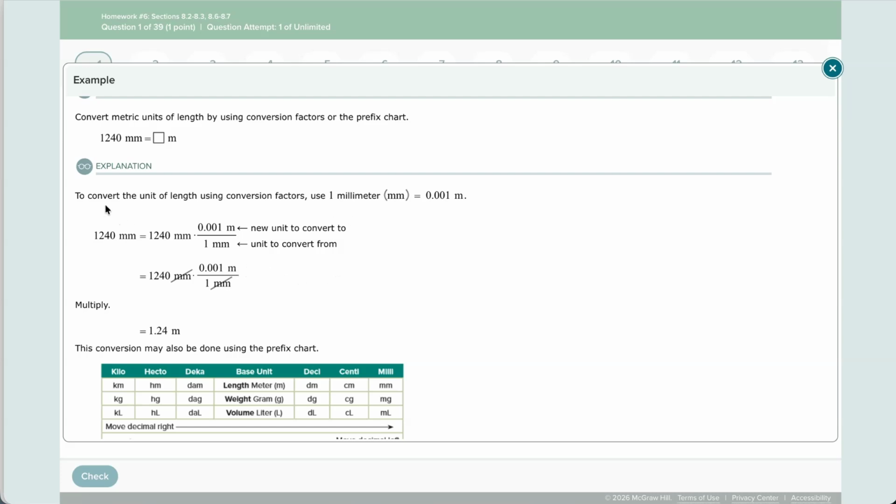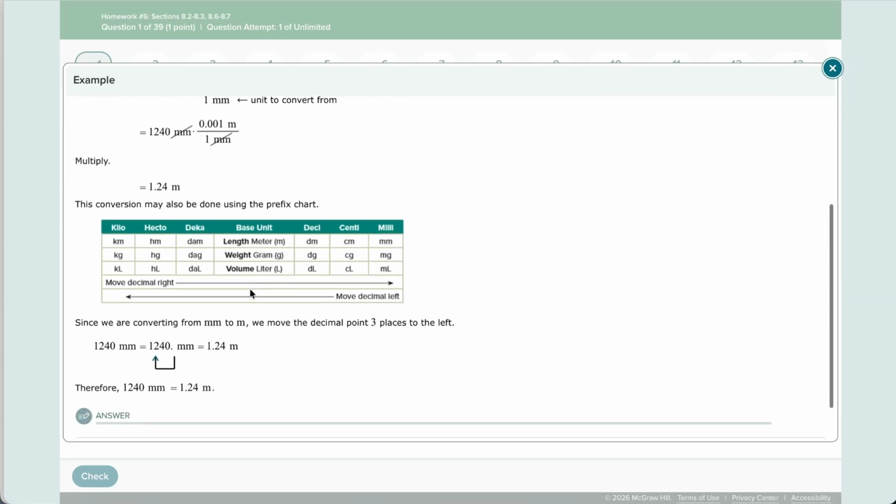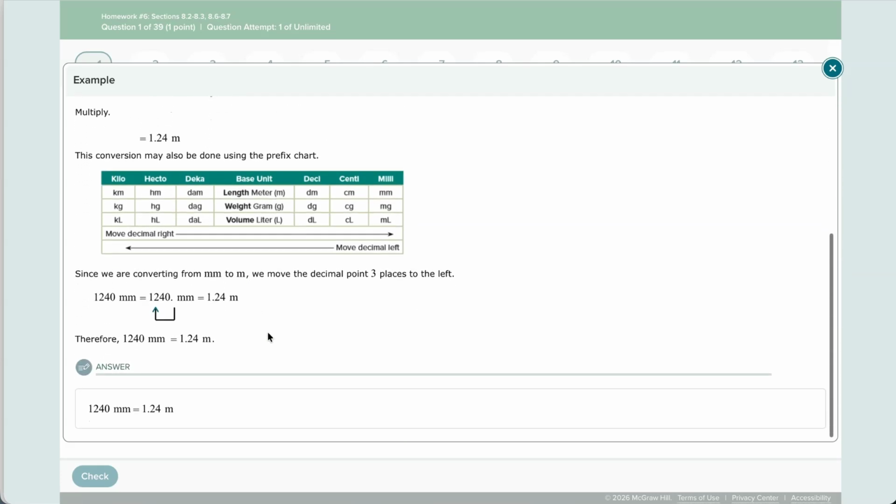So you see here it says to convert the unit of length using conversion factors, use 1 millimeter equals 0.001 meters. And then you just multiply, okay? And then this is how you get your result.